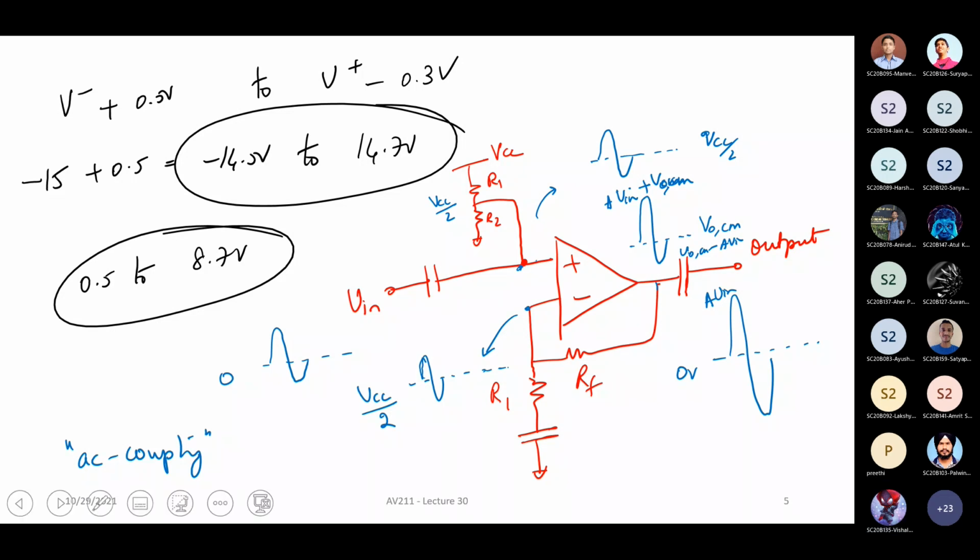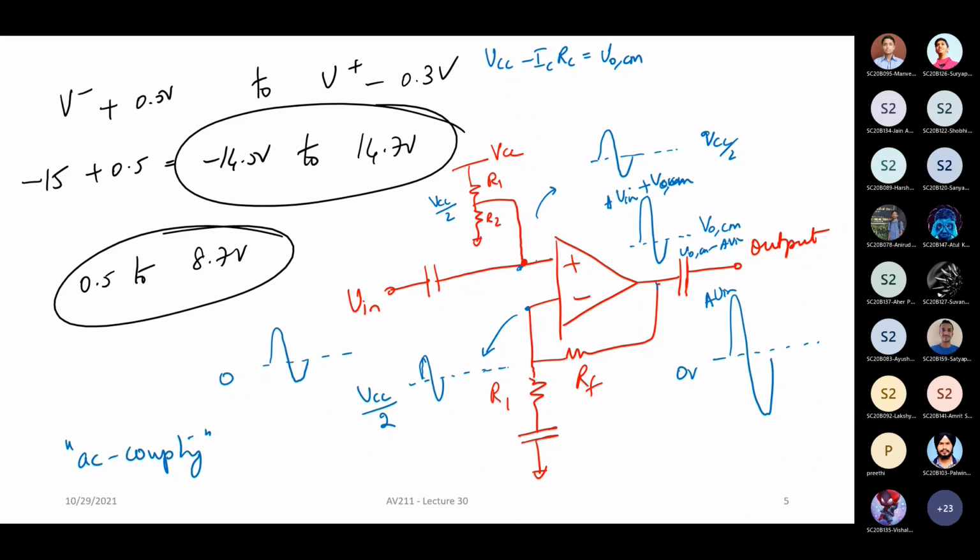The output part, what will happen is there will be an output common mode voltage. For example, in your common emitter amplifier, your output common mode voltage is VCC minus IC times RC, right? This is what is called the output common mode voltage, VOCM. Or we can call it the output bias or the output DC.